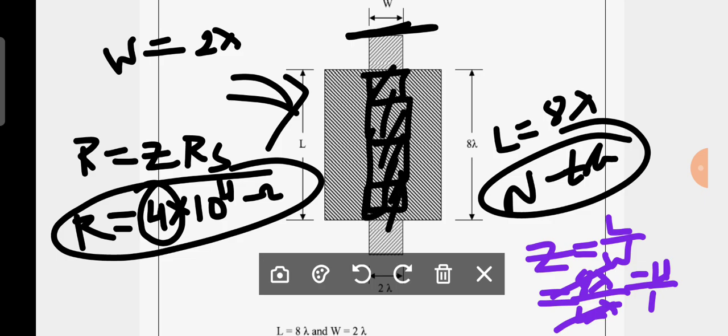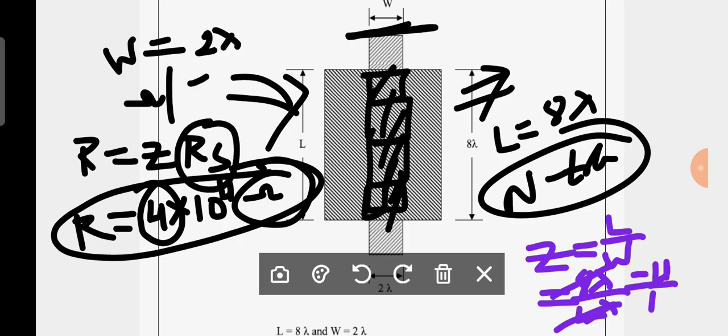Now what is the unit of this N transistor channel resistance? Ohm. But what is the unit of sheet resistance? Ohm per square. Is it okay? That is a very important point. In this manner you have to apply the sheet resistance concept to MOSFET.